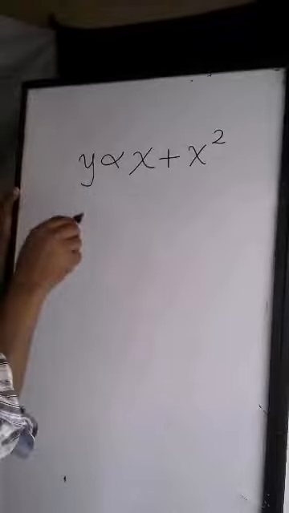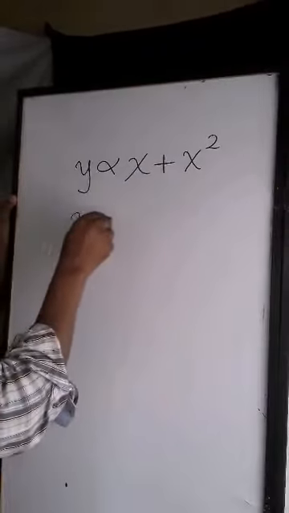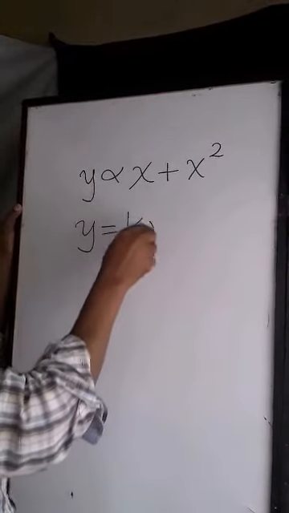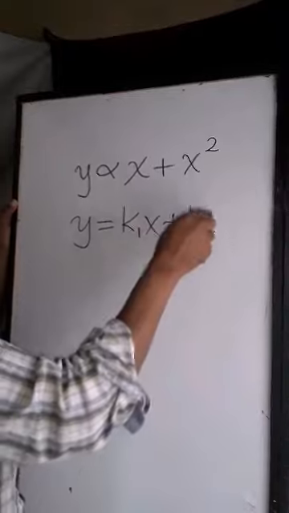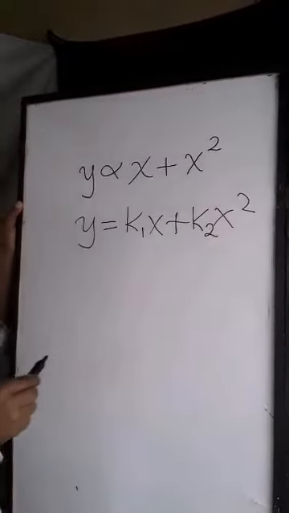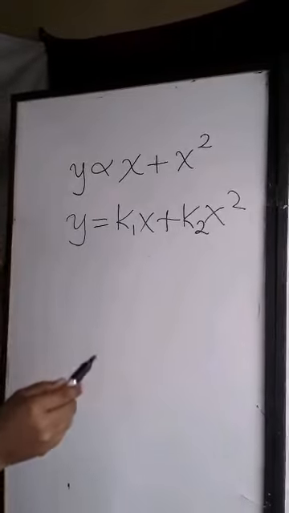So if we introduce constants for each part, then we will say, therefore y is equal to the first constant, which we call k1, and the second constant for the second part. Alright? So if we were to introduce now, given that, now we go back to the question, when x is 2, y is 14, and when x is 5, y is 65. So we need to substitute, but we'll continue in the next clip.